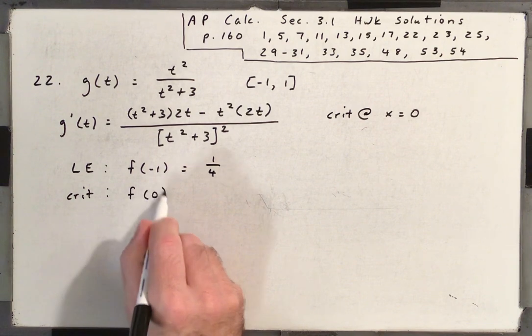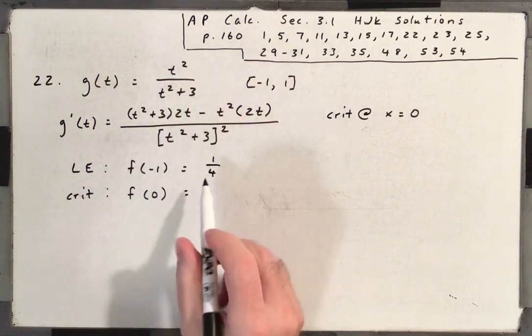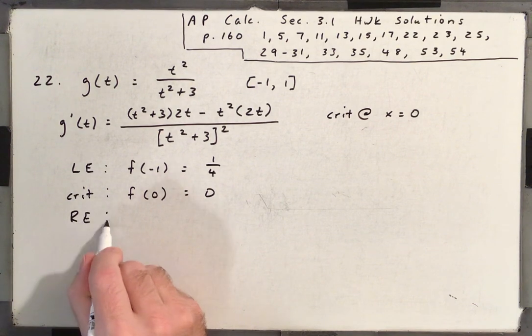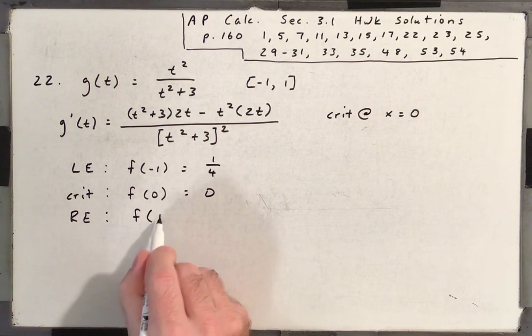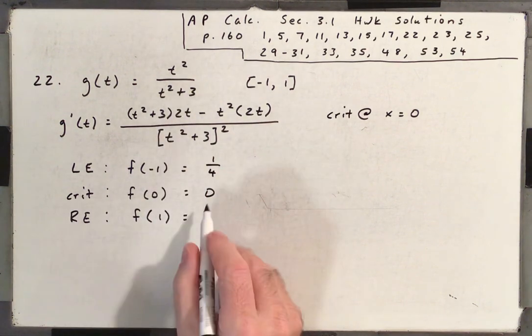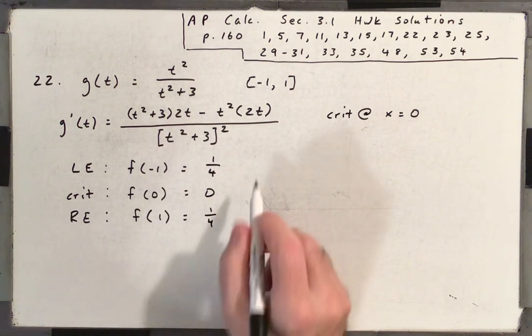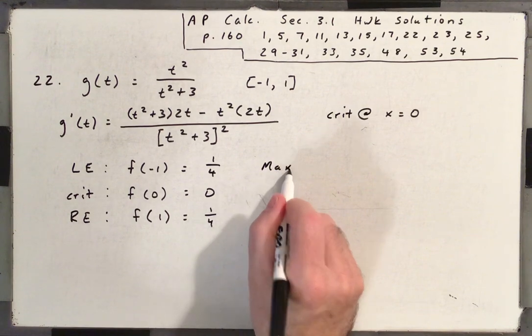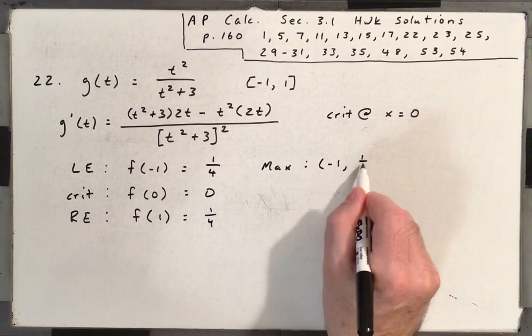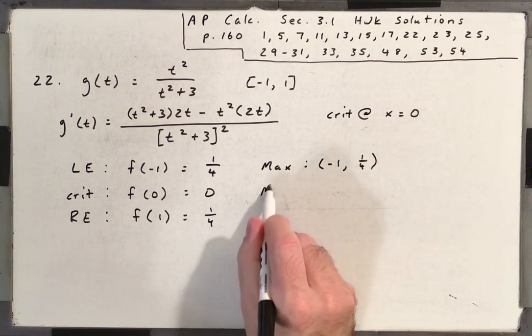F of 0, that's going to be 0 over 3, which is 0. Right endpoint would be f of 1, which would be 1/4 again. So our max is not very tall. We have one at -1, 1/4 because 1/4 is bigger than 0.